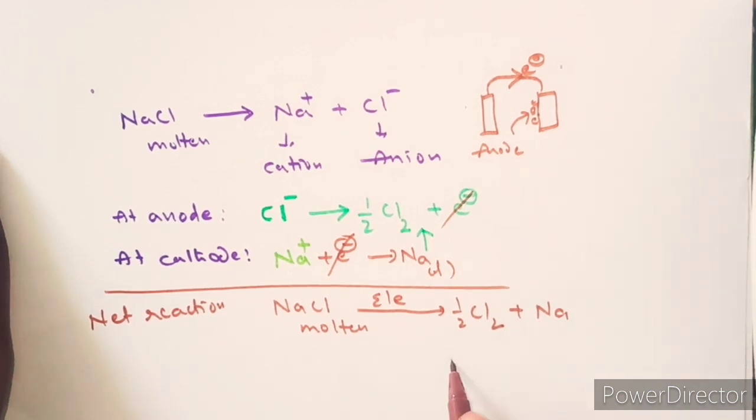Chlorine gas is liberated at the anode electrode and sodium is deposited at the cathode electrode. This is the general phenomenon taking place in the electrolysis process. Clear now?